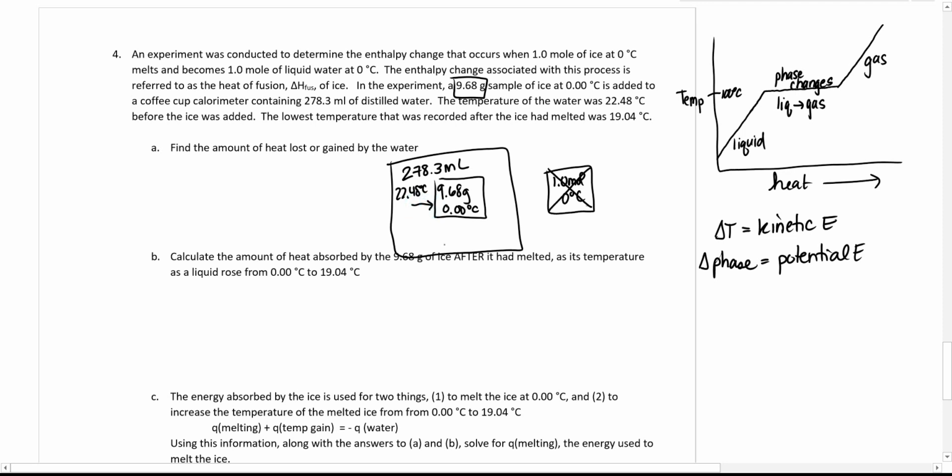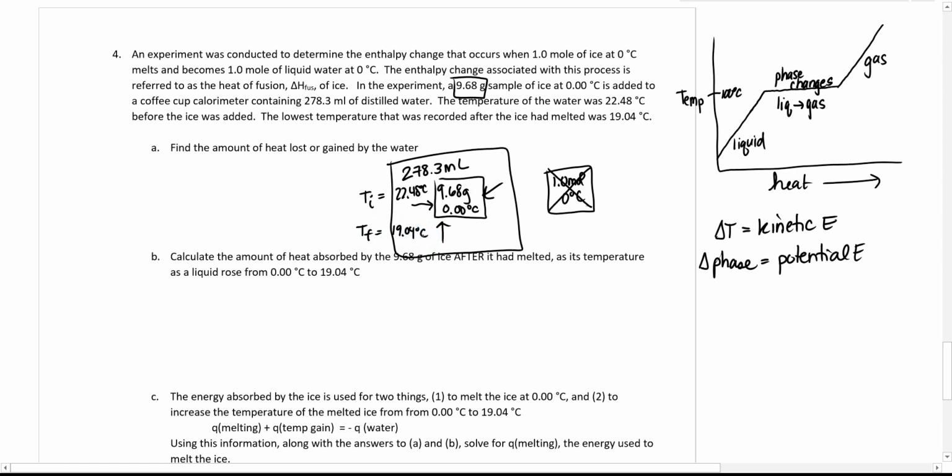So energy is going to flow from the water into the ice. As it does that, the temperature of the water is going to decrease because the water is losing energy to the ice. The final temperature of the water is going to be 19.04 degrees Celsius.